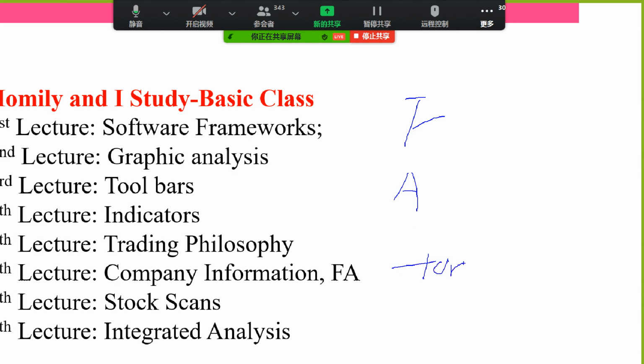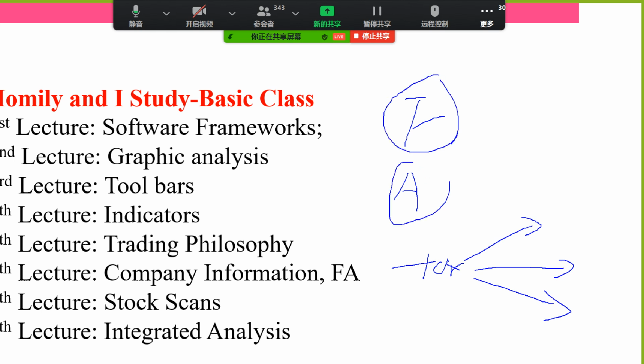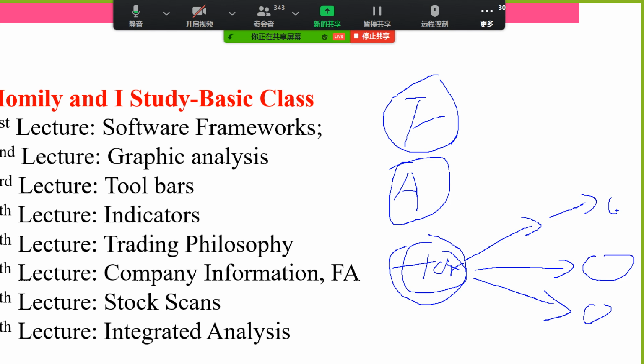Trading system also covers the trend, energy, and oscillator. So you see, fundamental, not fundamental analysis, is forecasting, alert, and trading system. Trading system covers the trend, momentum, energy, and oscillator. So everybody, before you learn, you need to know which kind of indicator.